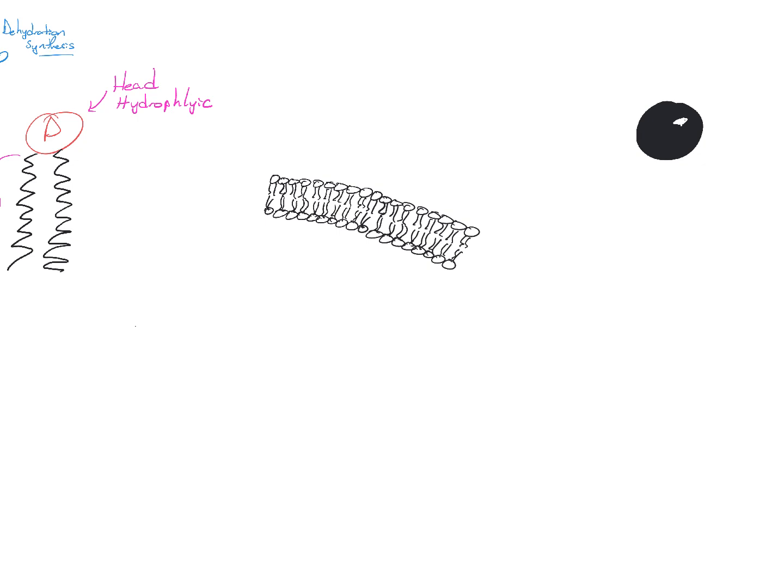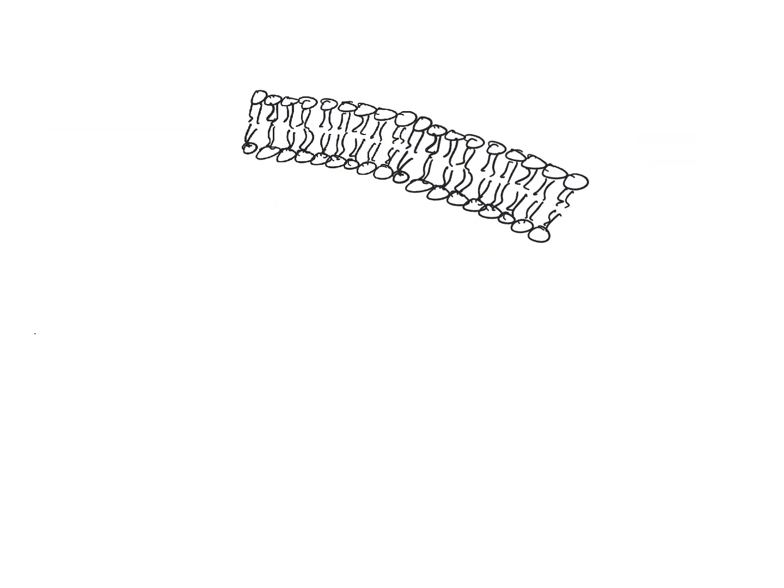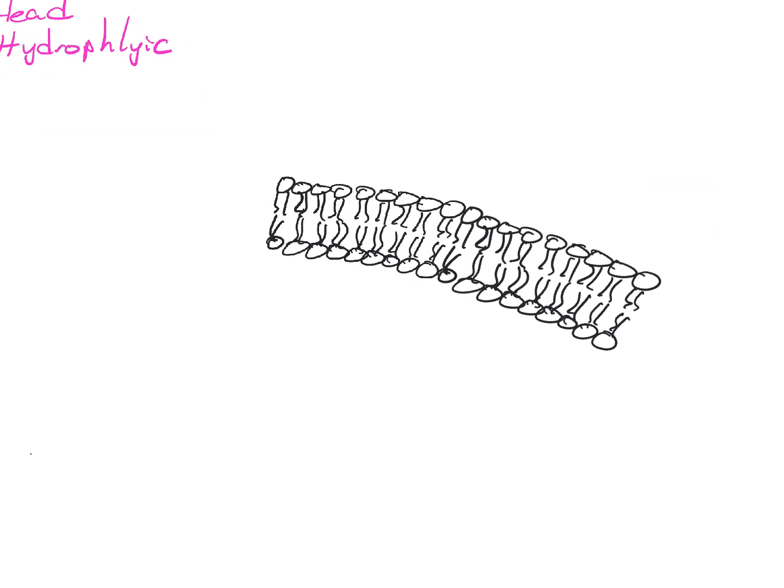It's sitting here, and the heads, the hydrophilic heads, which remember in ninth grade we colored these different colors. One of the things I graded when you turned it in was I looked for did you highlight that this was hydrophilic? And I said use blue for hydrophilic, and then yellow for hydrophobic.